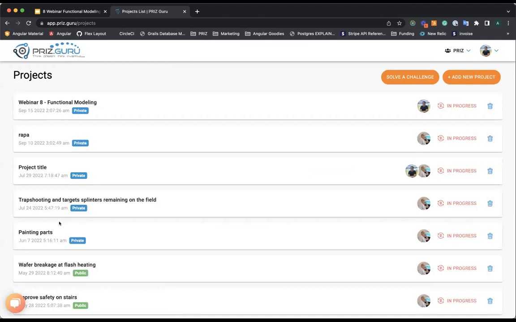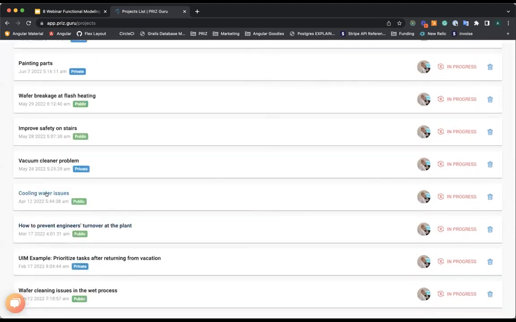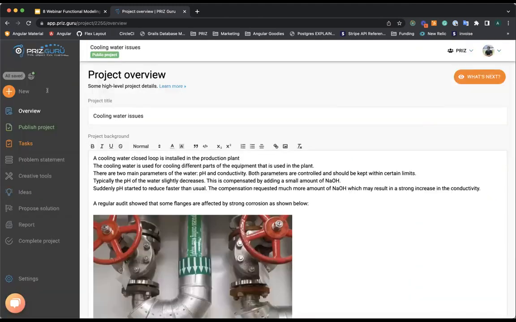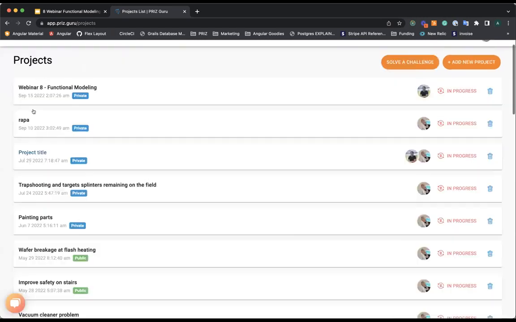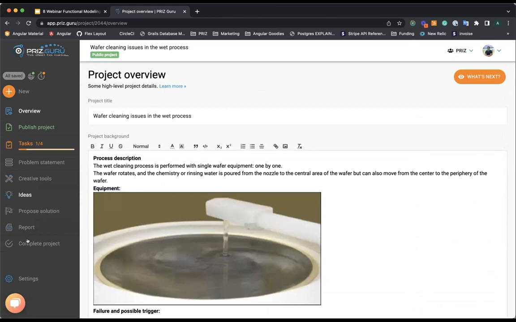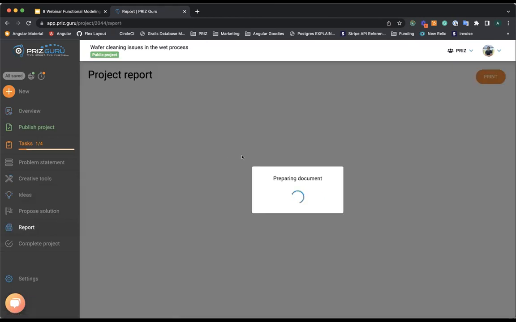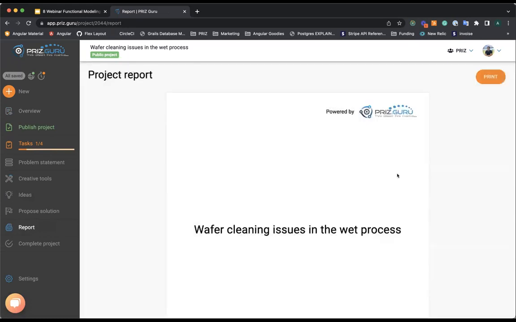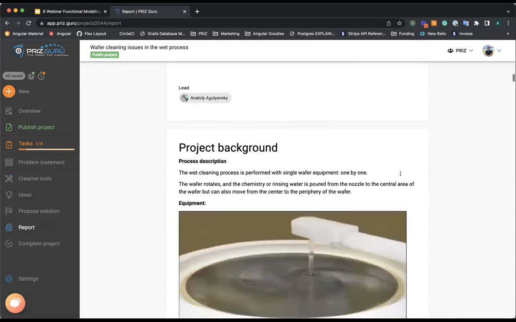And again, going back to a couple of other examples, let's go to the wafer cleaning. If you go to the report, it's not only the functional modeling that has the information in the report.